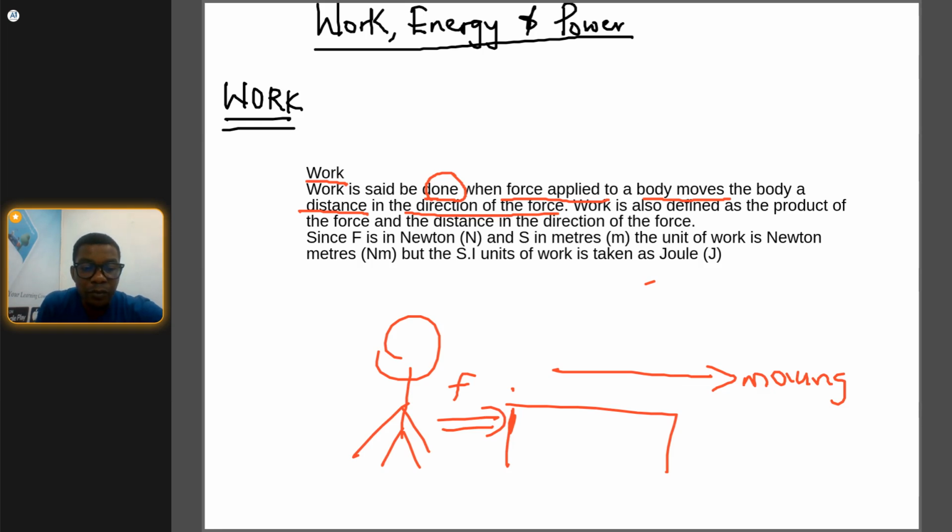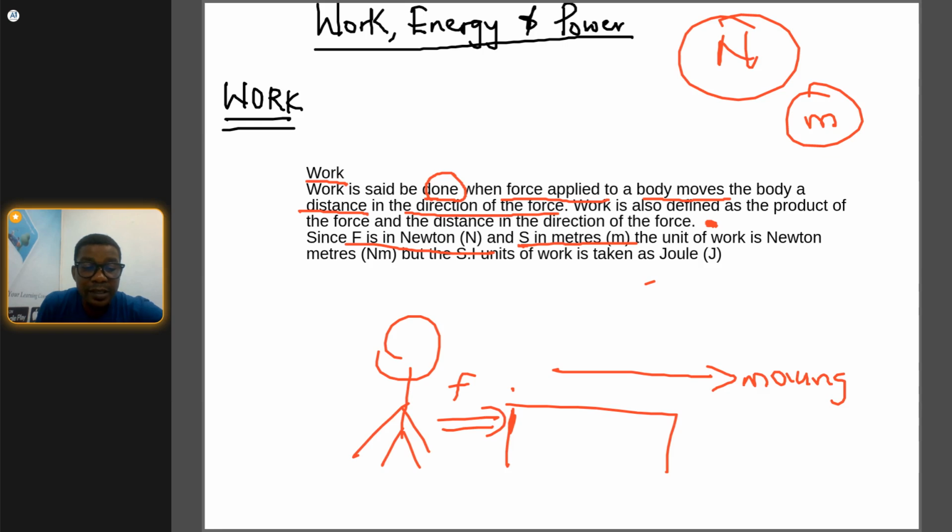Still in the definition, we are given the unit of force to be Newton. When we are solving calculations, we need to take note of that. And the unit of x, which is distance or displacement, is meter.